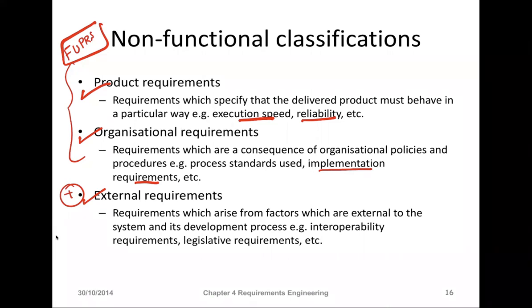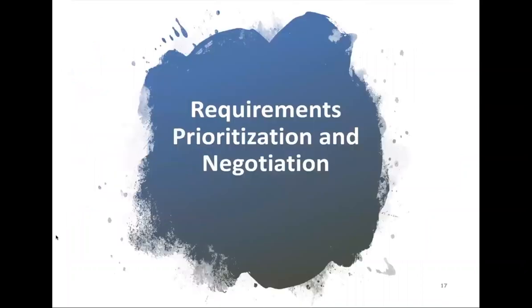Requirement prioritization really helps in identifying those requirements of high priority to be addressed or satisfied first. And if there is some conflict in the requirements, once we provide a prioritization, we have to find a solution to this conflict, which is commonly solved using negotiation. So my next topic will be on requirement prioritization and negotiation.